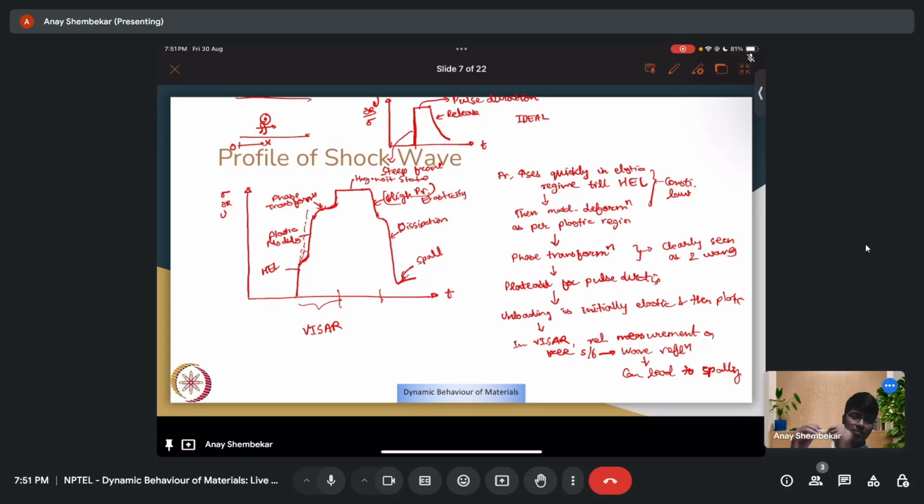Suppose there are small microscopic voids or cracks, or features that you have machined into your component. This tensile release pulse coming from the free surface can lead to fracture. In the worst cases, that would lead to spalling.